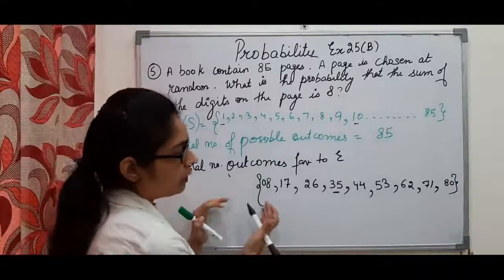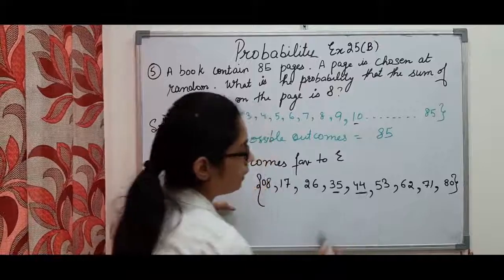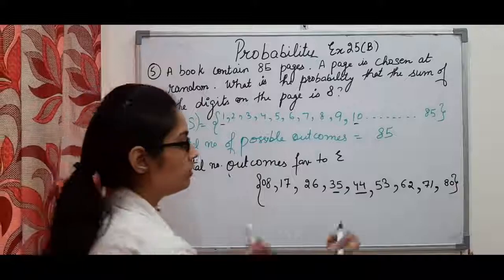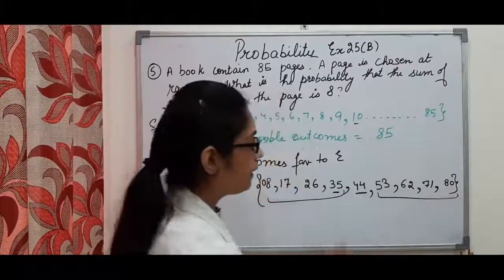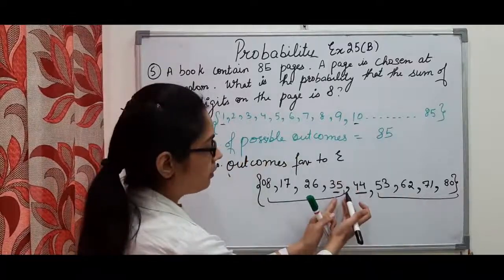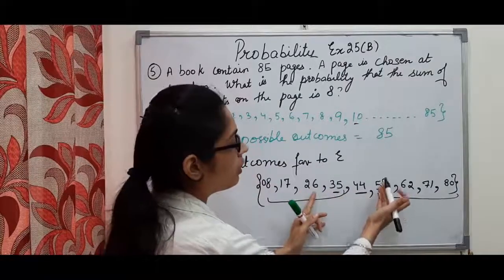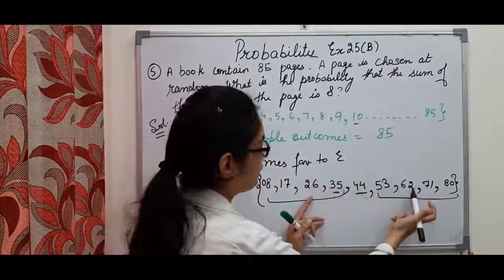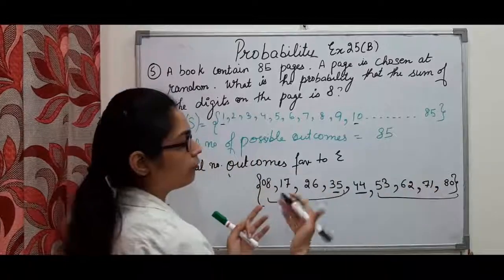So the one trick which you can use is, once you get the same digits, see 4 and 4, 44, both the digits are the same. For writing the numbers after 44, just start reversing the digits from before. 35 will become 53, 26 will become 62, 17 will become 71, and 08 will become 80.